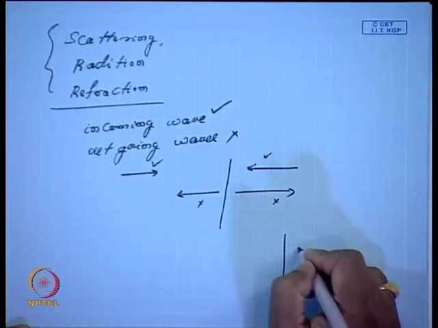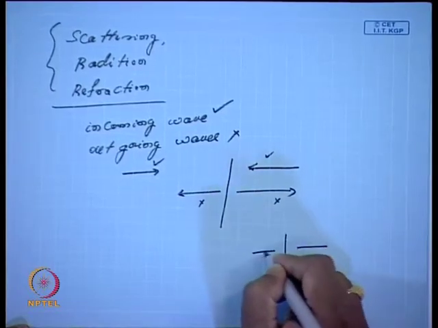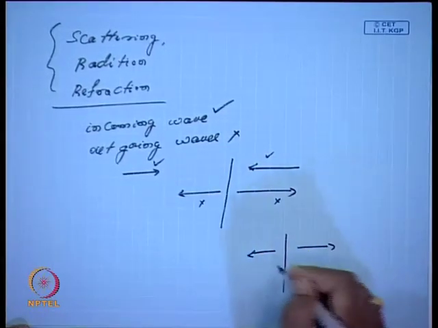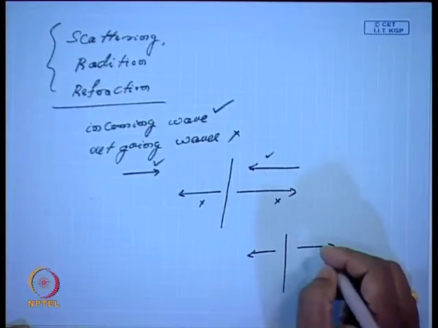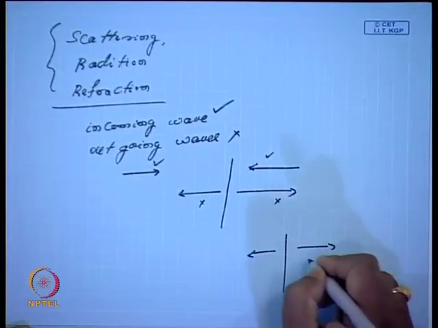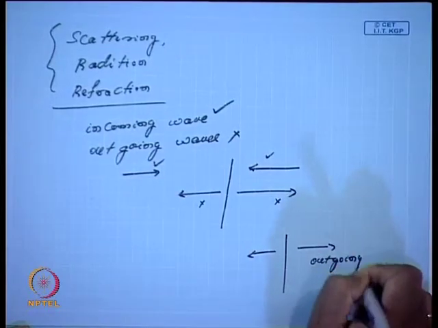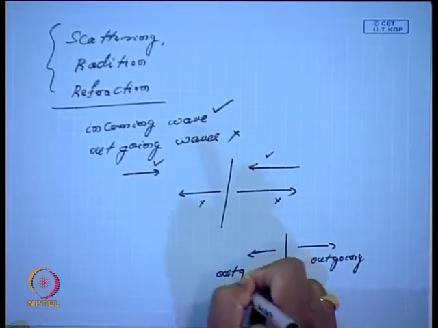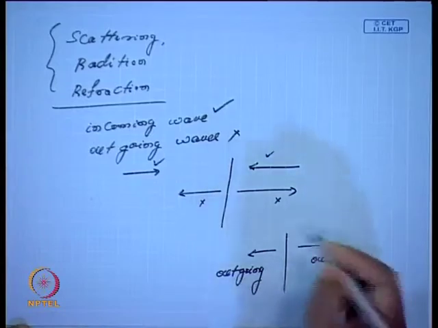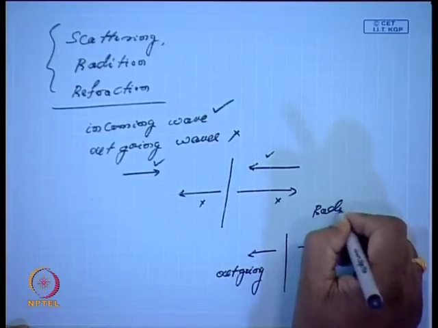Because of this, only energy is radiated in both directions, and we call this outgoing. There only outgoing waves exist. That happens in the problem of radiation.